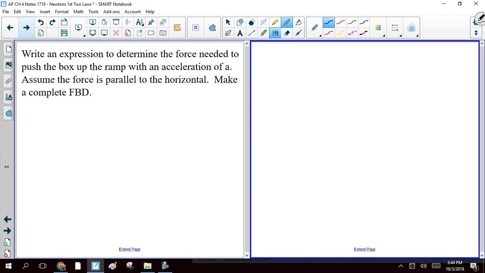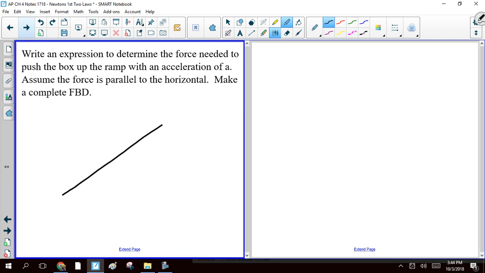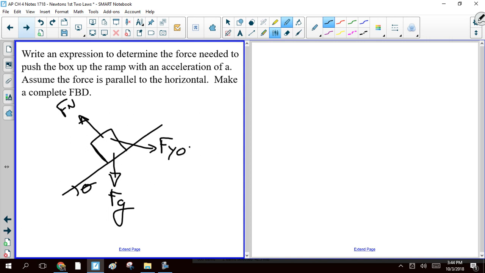Now, this time we've got the same goal, but we want our force to be not parallel to the ramp, but parallel to the horizontal. So you still got your ramp inclined at an angle of theta, but this time you've got gravity pulling down. You're going to have your normal force. And this time, here's your force of u.